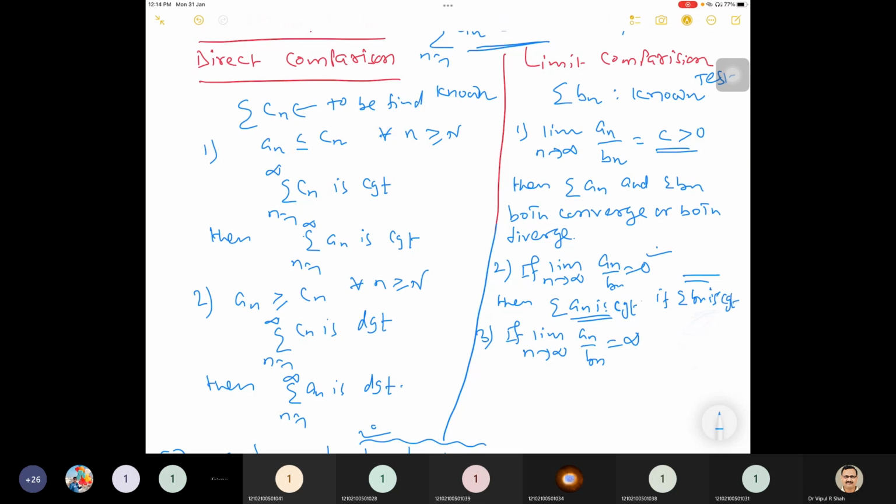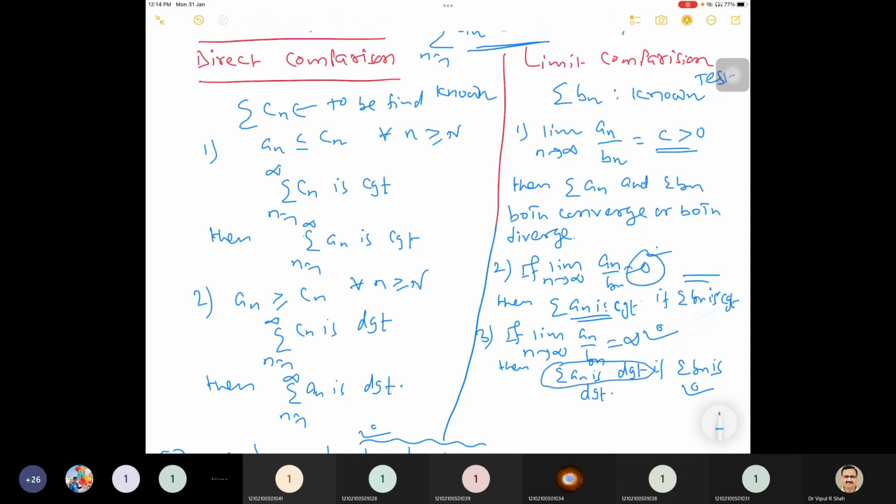And if this limit is infinity, then series an is divergent if series bn is divergent. That is, infinity and bn divergent, then an is divergent.